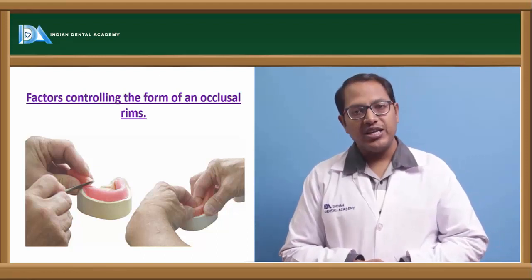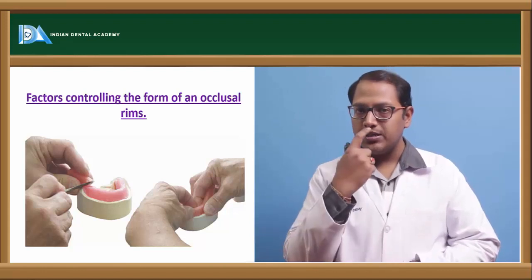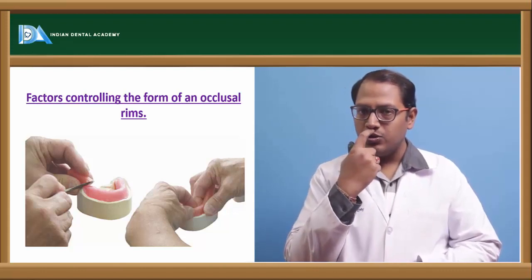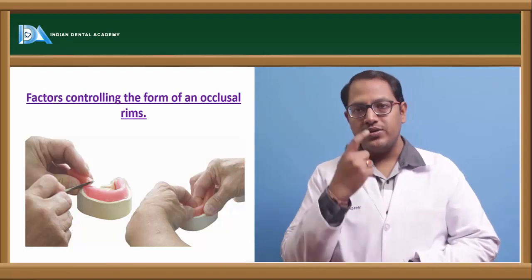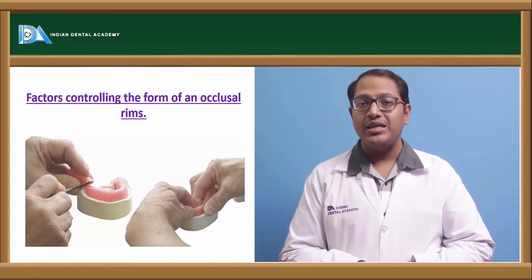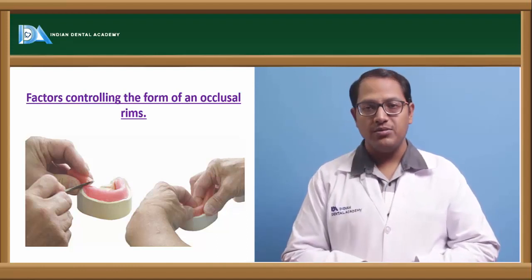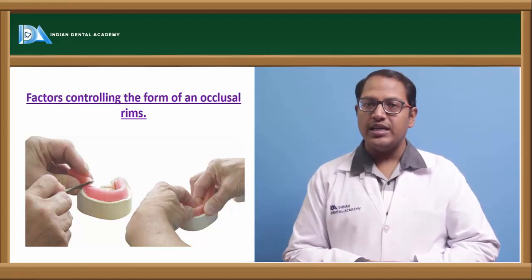Likewise, if a patient has short lip length, we all know what lip length is, that is the distance from the nose, subnasale, to the lower part of the mentolabial border. So if this lip length is smaller in some patient, that means the visibility of the wax rim will be more, the visibility of the teeth will be more, so that has to be fabricated like that.